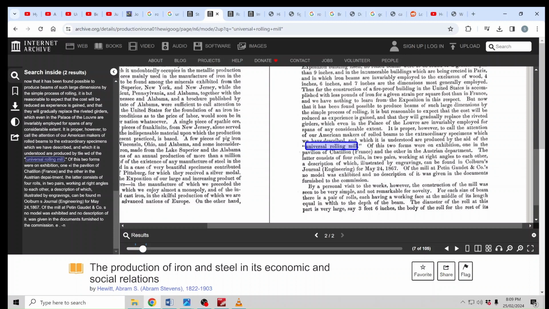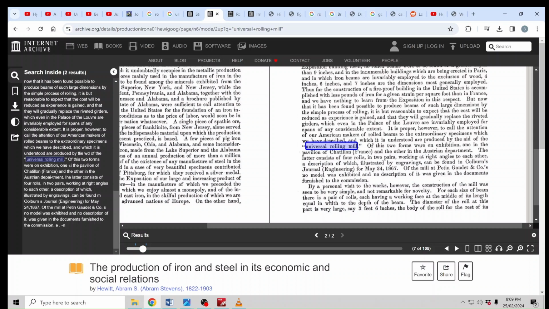Oh, what's that? So it is proper, however, to call the attention of our American makers of roll beams to the extraordinary specimens which we have described, and which it is understood are produced by the aid of the universal rolling mill. Of this, two forms were on exhibition, one in the pavilion and the other in the Austrian department.